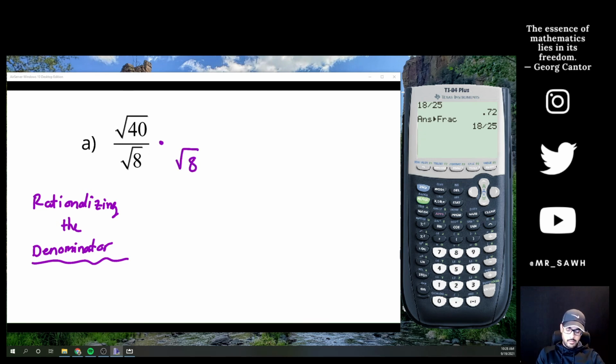So I'm going to multiply the bottom by the square root of 8, but if I do that to the bottom, I also have to do that to the top, so the value is the same. I don't want to change what this fraction's worth, because then I'm changing the expression. But root 8 divided by root 8 is just 1, so I'm not changing the value because I'm multiplying by 1. That doesn't change.